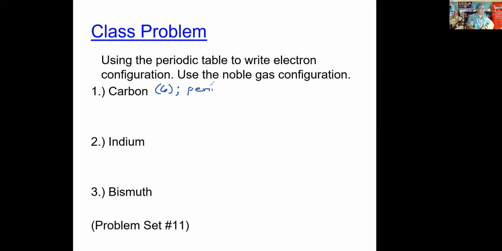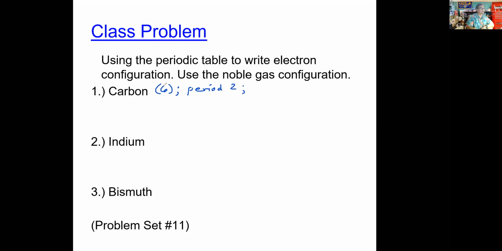This is going to be important later on as we get to bismuth. The noble gas that precedes it is going to be helium, and so helium is what we'll put in brackets.